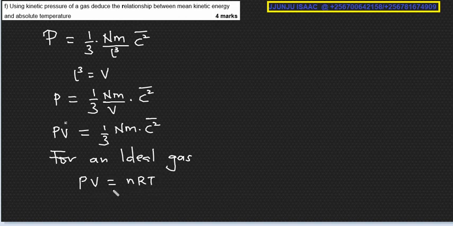So we are going to replace PV with nRT. So we shall have a third times Nm times the mean square speed equal to nRT.